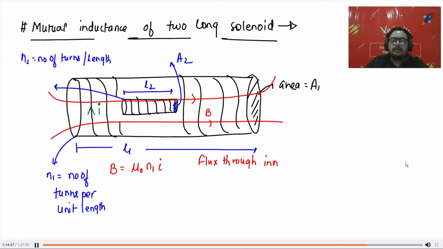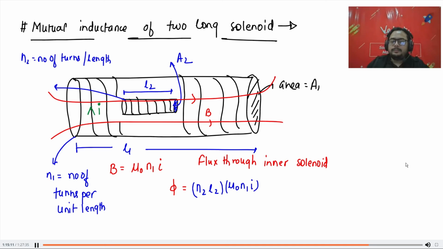How much will the flux be? How many turns are there in the inner solenoid? The number of turns in the inner solenoid is N2 into L2, and the flux through one turn is B into A. Now B is mu naught N1 I, and for the area you will take the smaller one, A2.